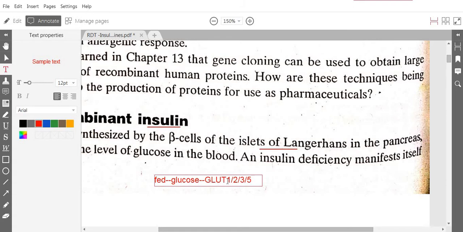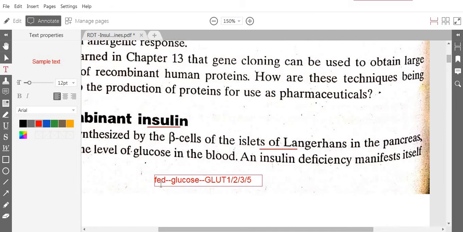These receptors are present on the surface of our cell so that we can transport glucose from the blood into the cell cytoplasm so that we can initiate the glycolysis process. And for this transport of glucose via the GLUT receptor, this receptor needs the participation of the insulin hormone.